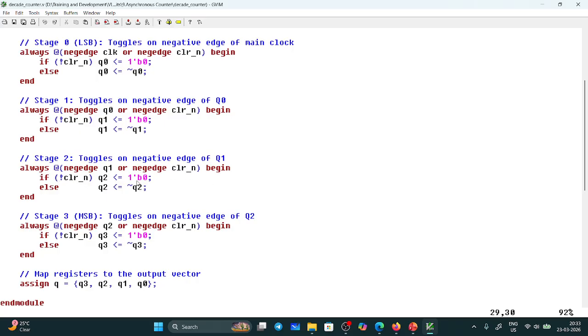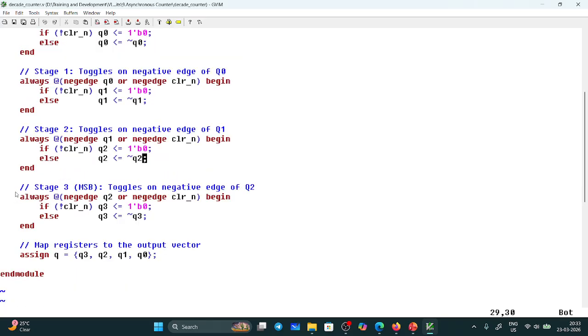If clear equal to 0, I am clearing Q2, or otherwise not of Q2. And stage 3 also, always at negedge of Q2 or negedge of clear_n. Clear equal to 0, Q3 equal to 0, otherwise Q3 equal to not of Q3. At last, I am using an assign statement with the concatenation operation. I am concatenating these 4 outputs to Q, end module.